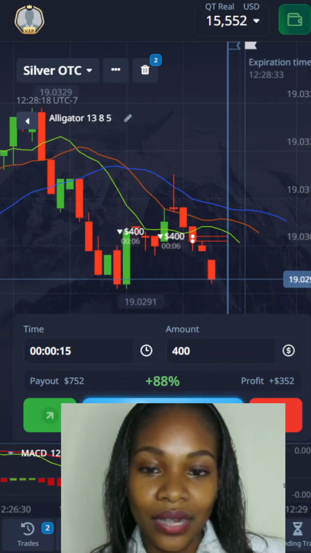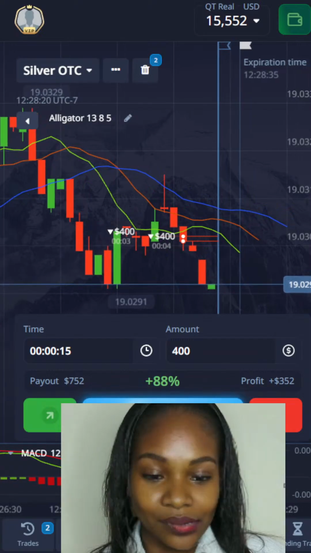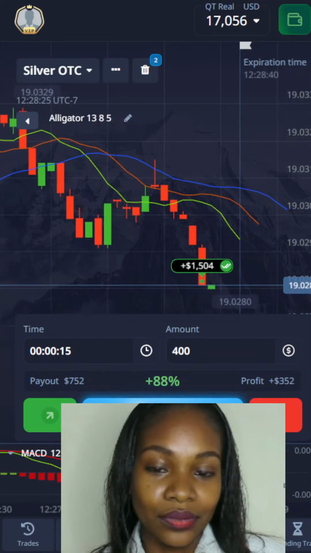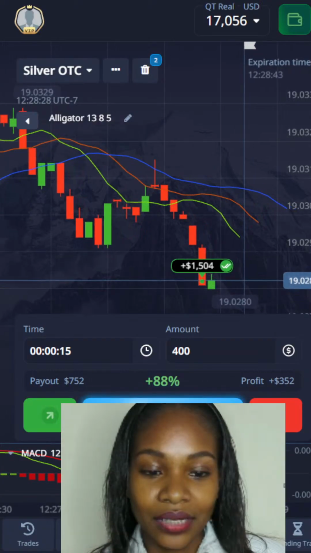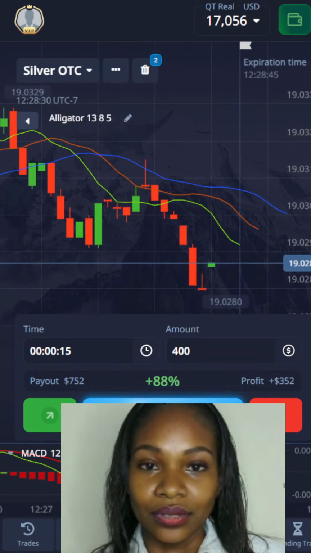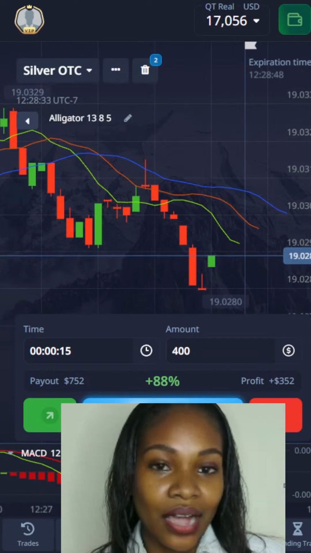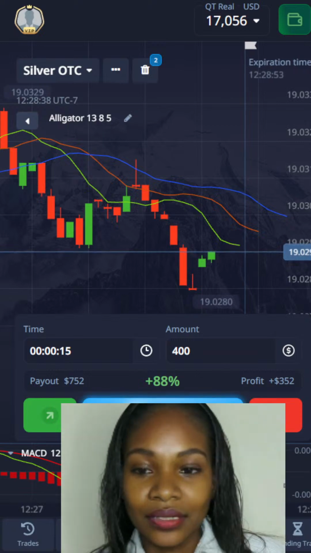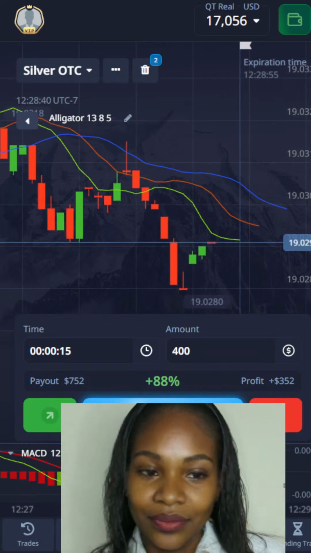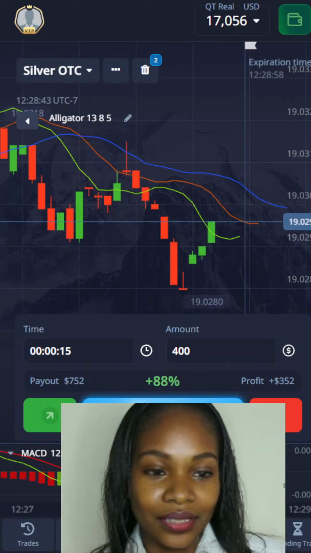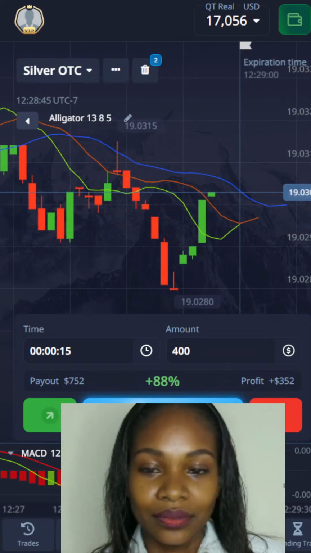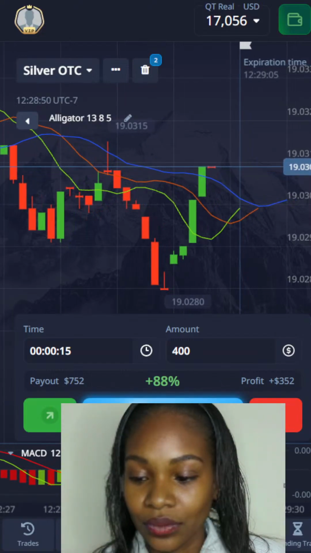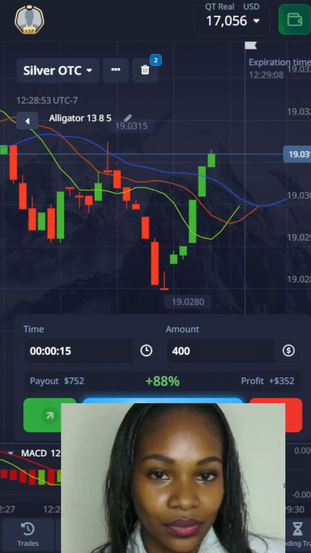Then when you see those small candles that are undecided, they're not giving you a clear direction of where they are heading. That simply means that the buyers and the sellers are both in the market. And there, please make sure that you avoid that, mostly if you are a learner or a beginner.